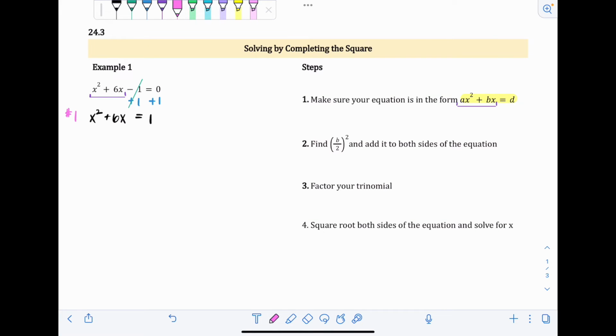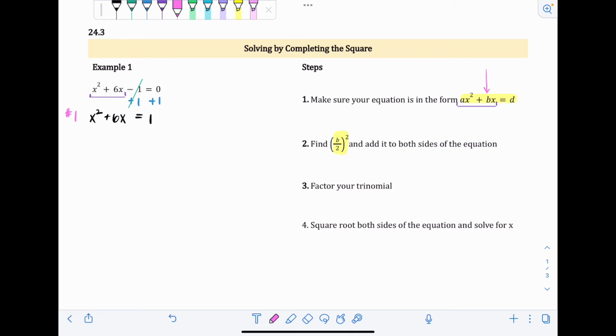And then step 2 says find b over 2 squared and add it to both sides of the equation. Okay, so the b in b over 2 squared is referring to standard form, the fact that b is the coefficient of x. A is always in front of x squared.